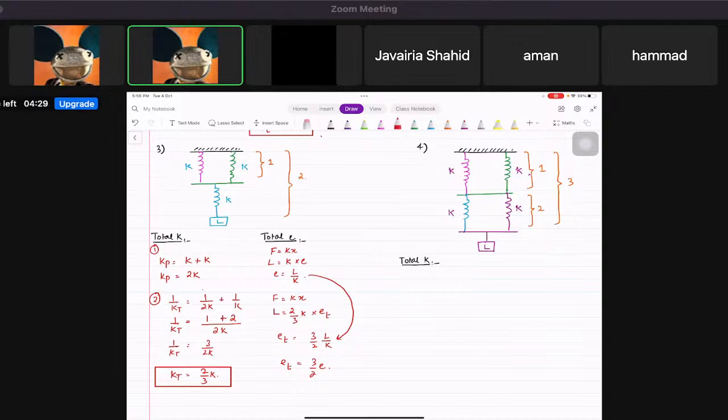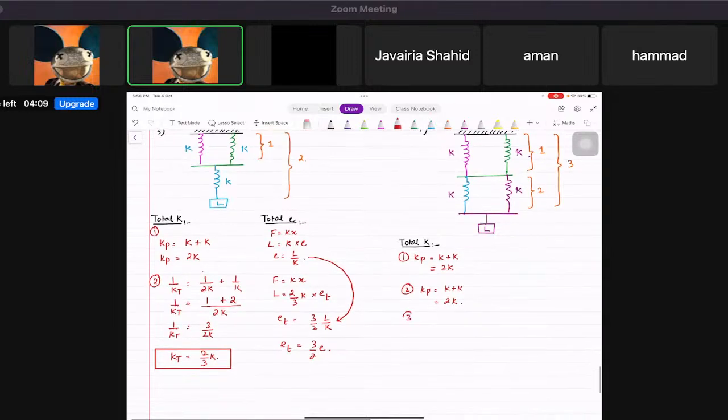For the first one, k is in parallel, so it is going to be k plus k, that's going to be basically 2k. In the second one, it is also in parallel, so it is k plus k, that is going to be 2k. Now, when you combine both top and bottom springs in the third step, because they're in series, I can write k total would be 1 upon 2k plus 1 upon 2k. So the k total is going to be 2 upon 2k, which is basically just equal to k. Is it clear?